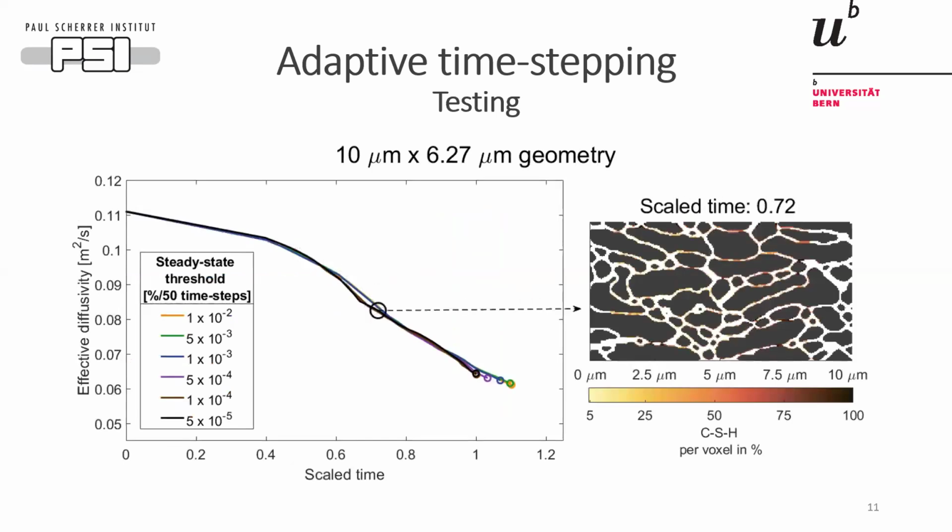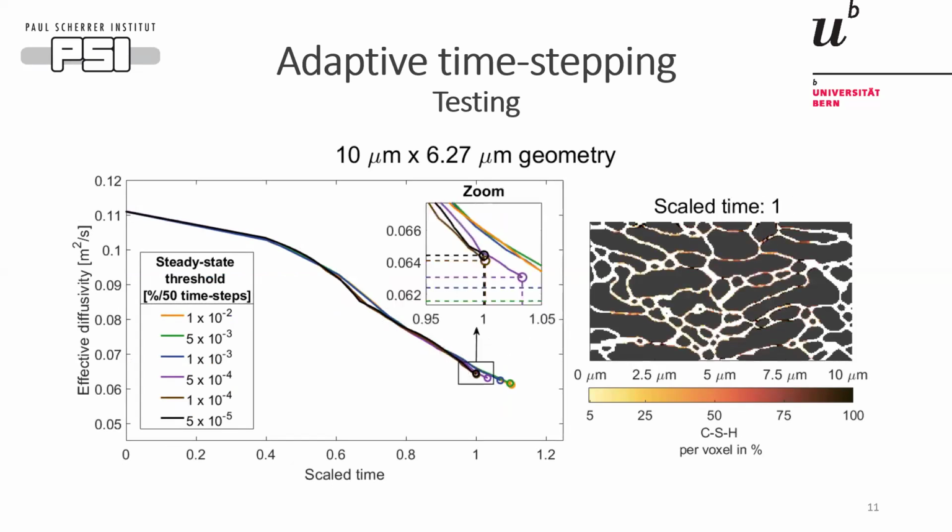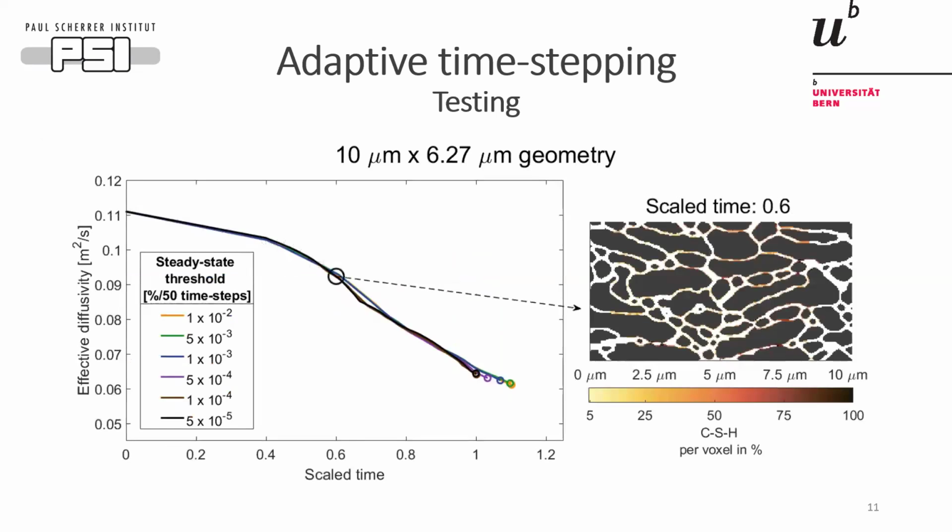Now, the adaptive time-stepping algorithm is also tested on a larger geometry with lower precipitation rates. A simulation without the adaptive time-stepping algorithm is not performed due to time reasons because it would take 3 years. You can see that the steady state thresholds of 10 power minus 4 and 5 power minus 5 show a close resemblance, which indicates close convergence towards a real value.